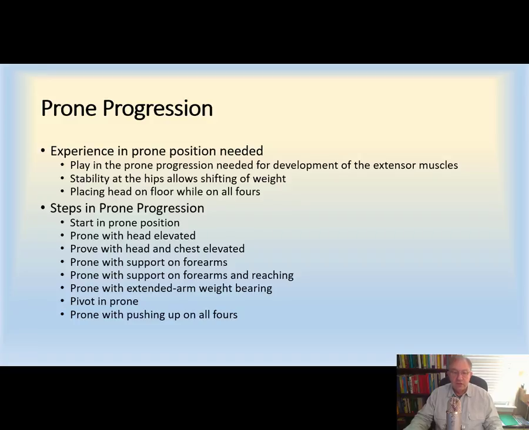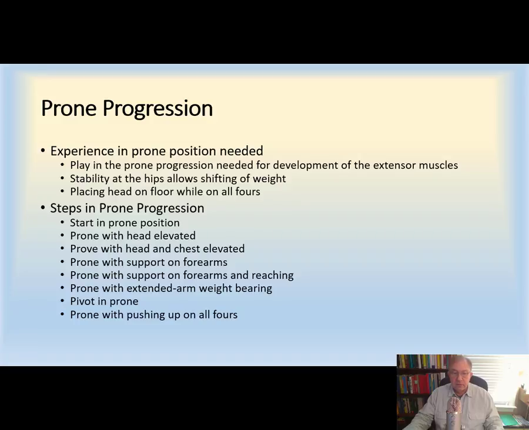Second, the child then needs to learn to elevate their head while they're in that prone position, and that builds the muscles that are necessary. Then they have to be in the prone position with their head and their chest elevated, so pushing up with their chest. And then the next step is providing support on their forearms, followed by providing support on the forearms and starting to reach.